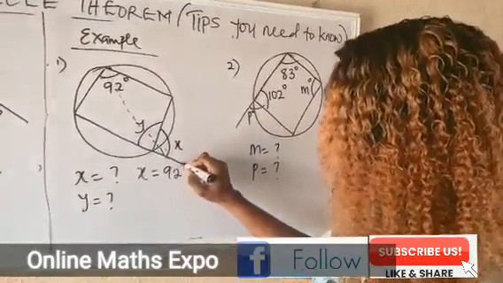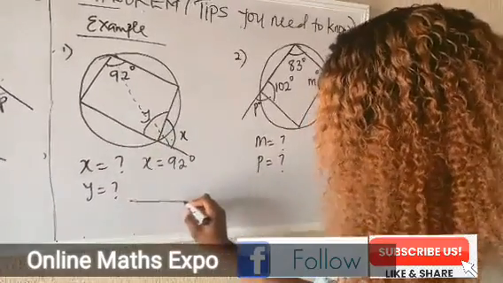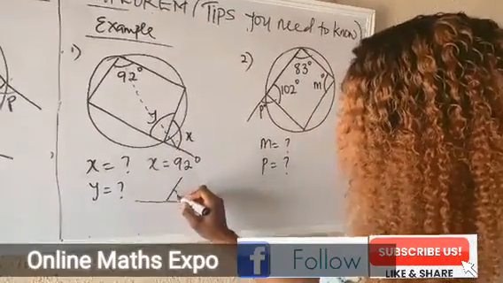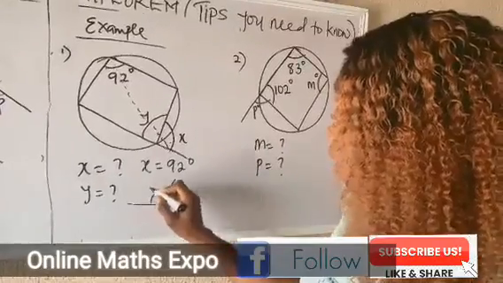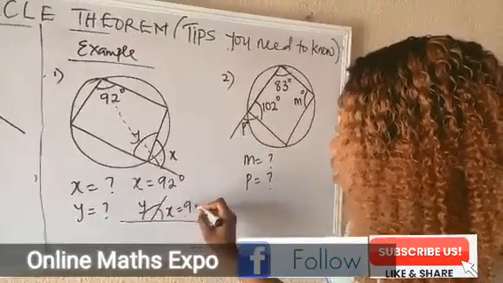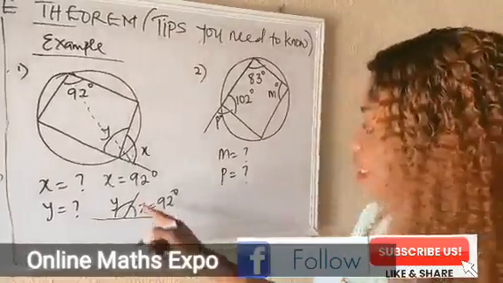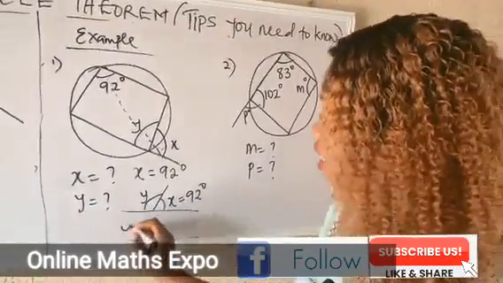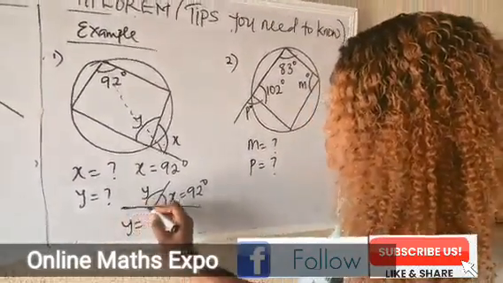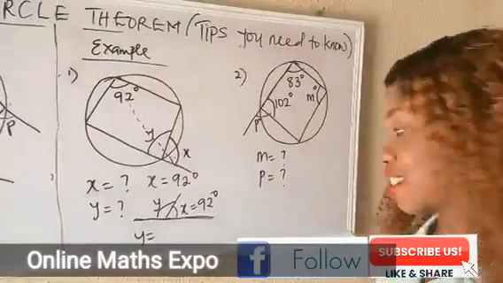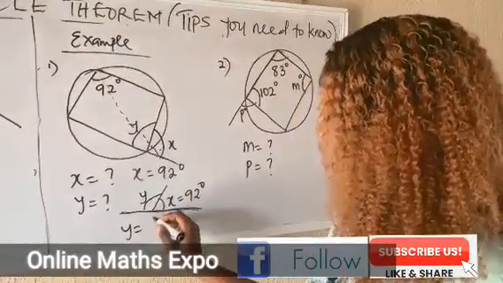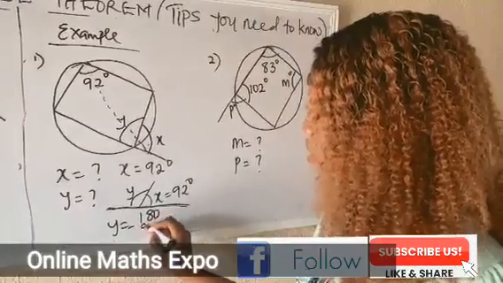Then if we are looking for the value of y, it's still very simple. Remember, this has formed a straight line, where here is x and here is y. And you know that our x is already 92 degrees. So can we get our y? Our y will be equal to, remember, the sum of angles on a straight line is 180. So you have 180 minus 92.